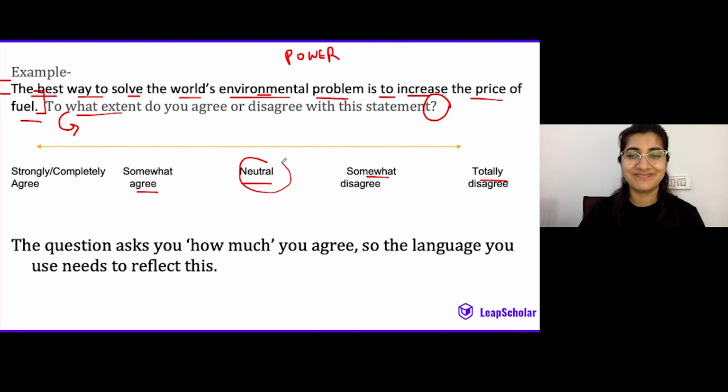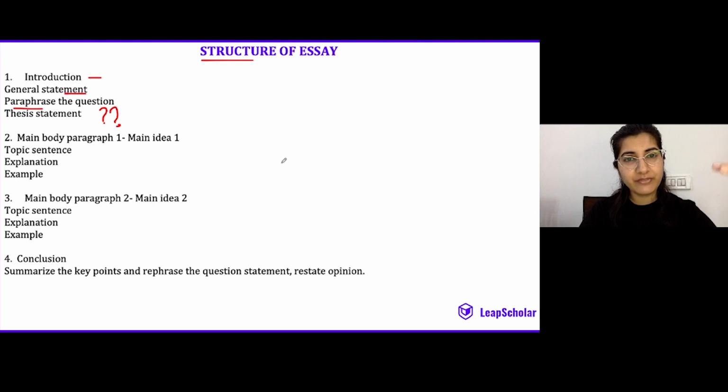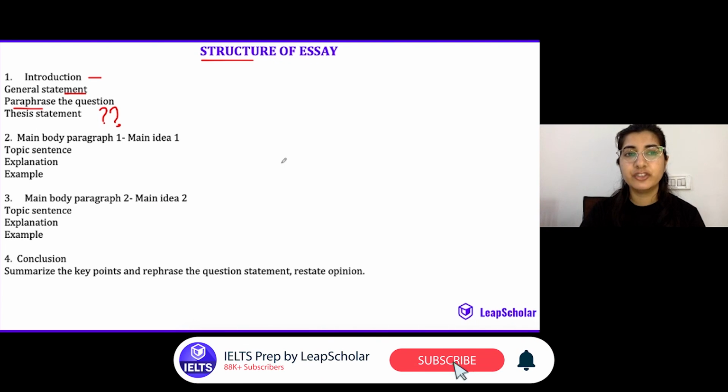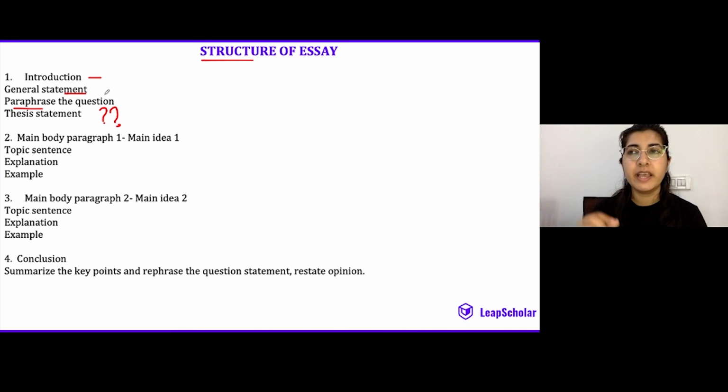Alright. So after I have planned this essay, your rough sheet should actually not look like this. You won't be writing the general statement in your IELTS exam. What you would be writing is a brief idea of the actual statement. For example, my statement was that in the contemporary era, the environment is facing a threat.